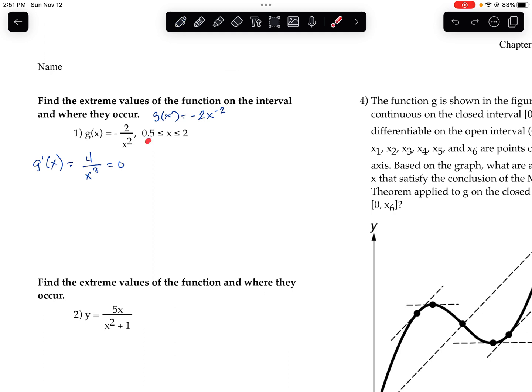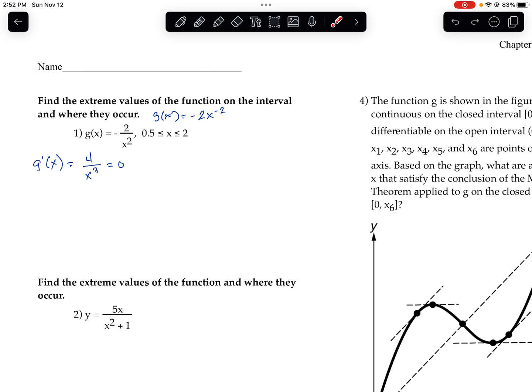So our interval is from 1/2 to 2, and nowhere in this interval does the derivative equal 0, and nowhere in this interval is the slope undefined. So if the derivative is never 0, it never changes from increasing to decreasing. It's just going to stay increasing or stay decreasing.